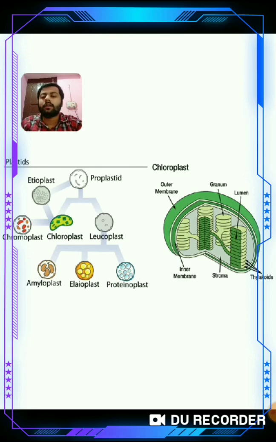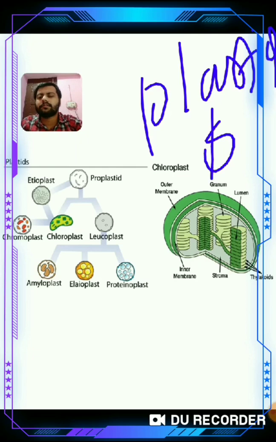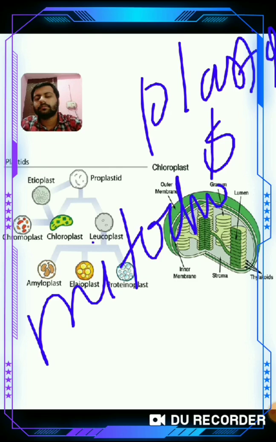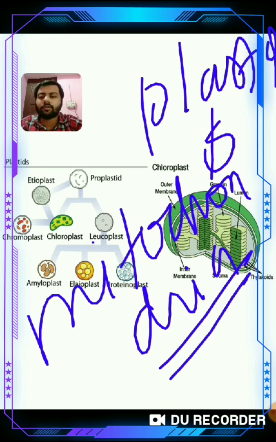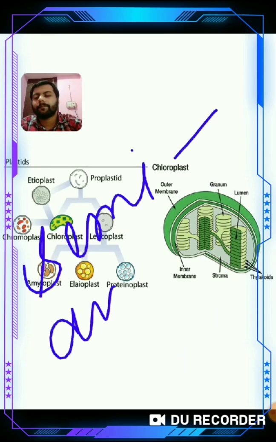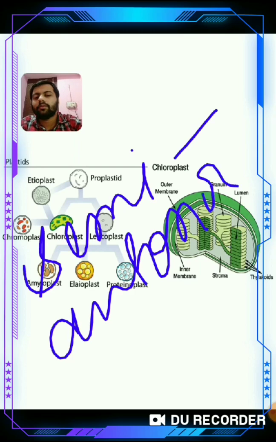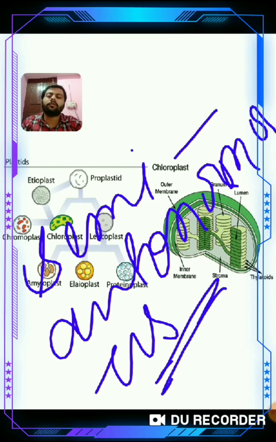Apart from that, the plastid, that means the green color plastid or chloroplast, and mitochondria are known as semi autonomous cell organelles.